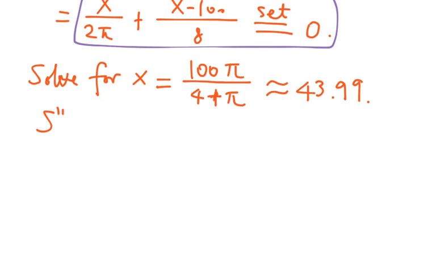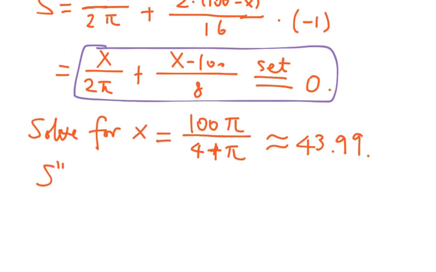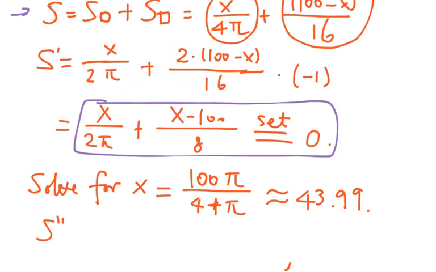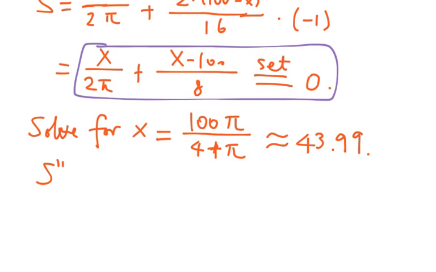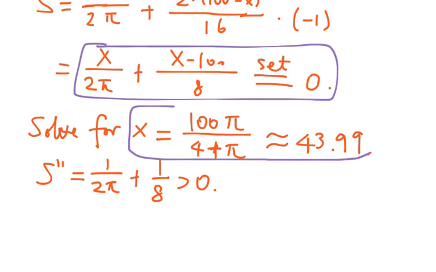If we further differentiate S prime, we will have S double prime given by 1 over 2 pi plus 1 over 8, which is always positive. That means when x equals 100 pi over (4 plus pi), which is about 43.99, we have a minimum.